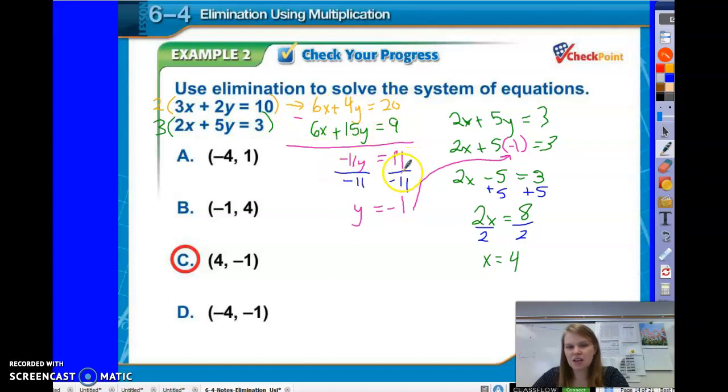And when I did that, I ended up with y equals negative 1. Once I did that, I could plug in y equals negative 1 into, I chose the second equation, and I ended up with x equals 4. So let me know if you've got questions on that.